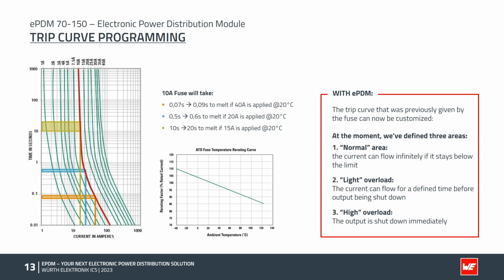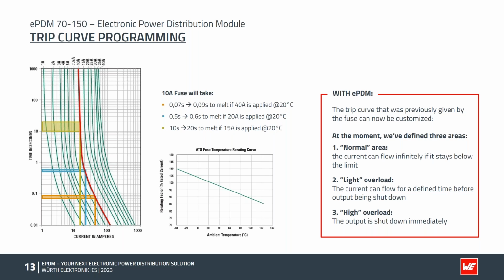This will allow the ePDM to withstand a programmable overcurrent for a limited amount of time. For example, you could accept 20 to 30% more output to be delivered for 2 minutes, allowing the system to return information and a warning to the whole system before taking the decision to cut the output to protect your wiring harness.